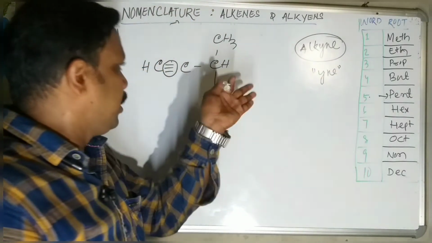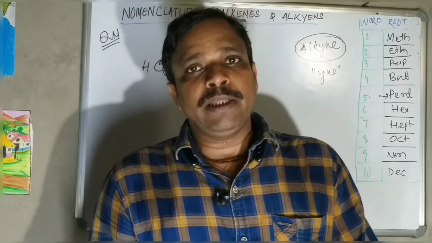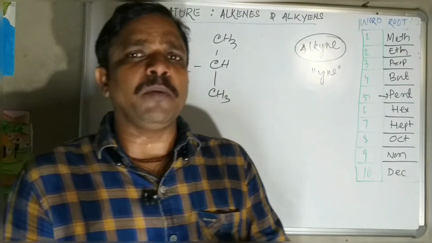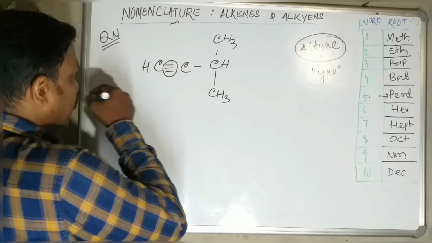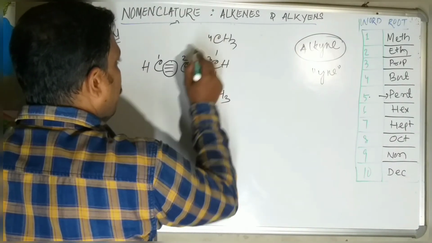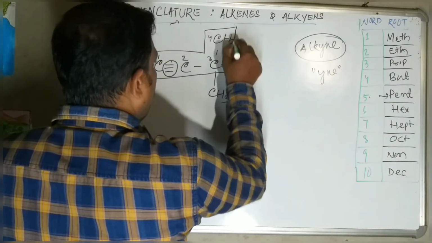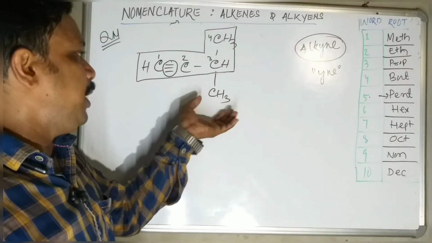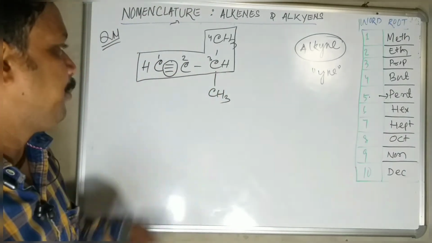For this chain the suffix is yne. By the first rule we give the lowest number to the functional group, so we number from left to right. 1, 2, 3, 4. Here the substituent is methyl in third position.